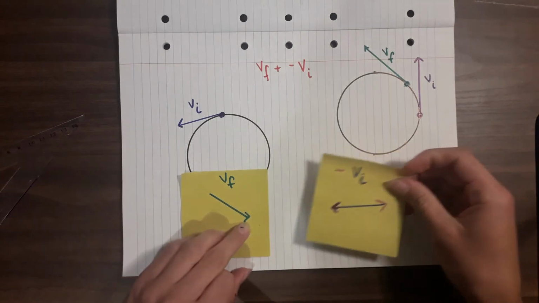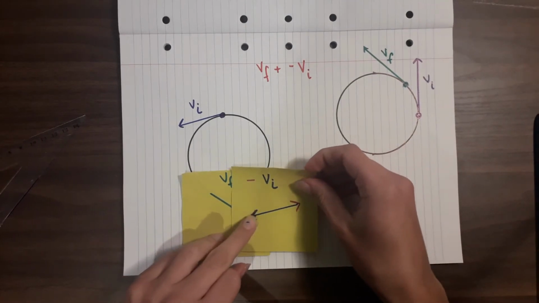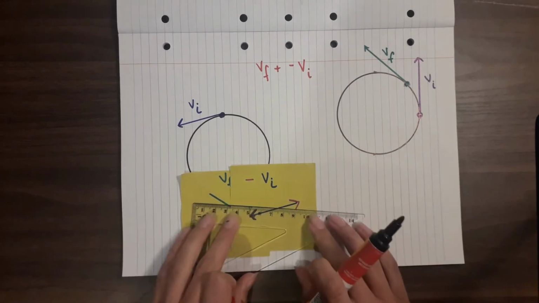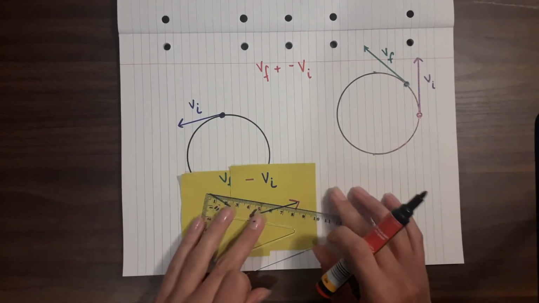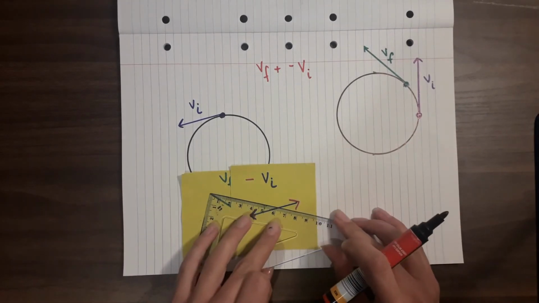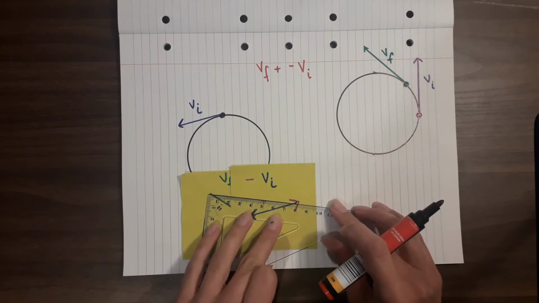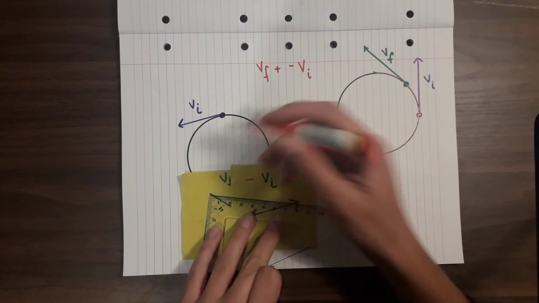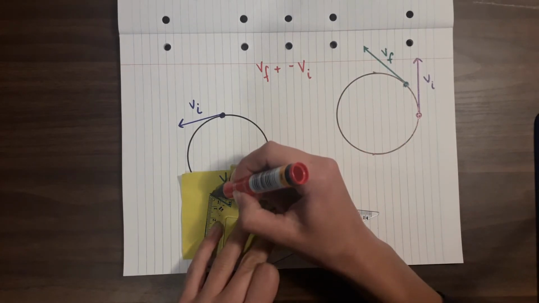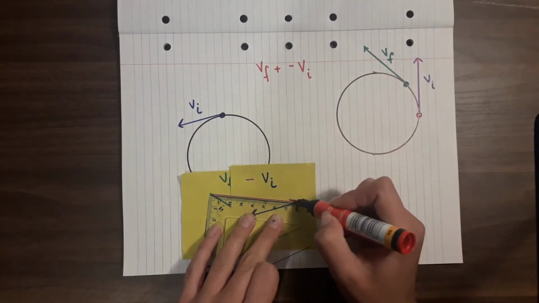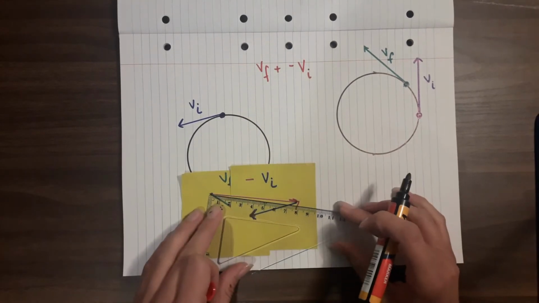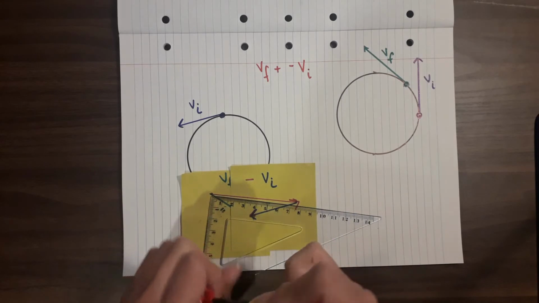So we're going to go from there to about there. You could draw this out, I'm just being lazy. Going at about that angle. That's our resultant vector. So it's about 8 centimeters again.